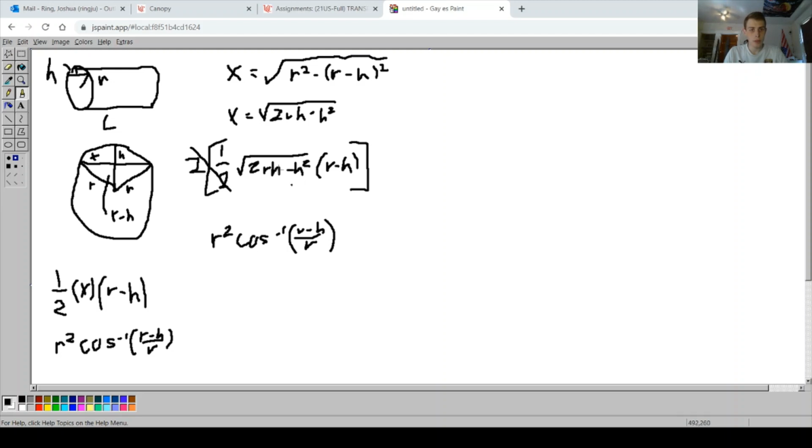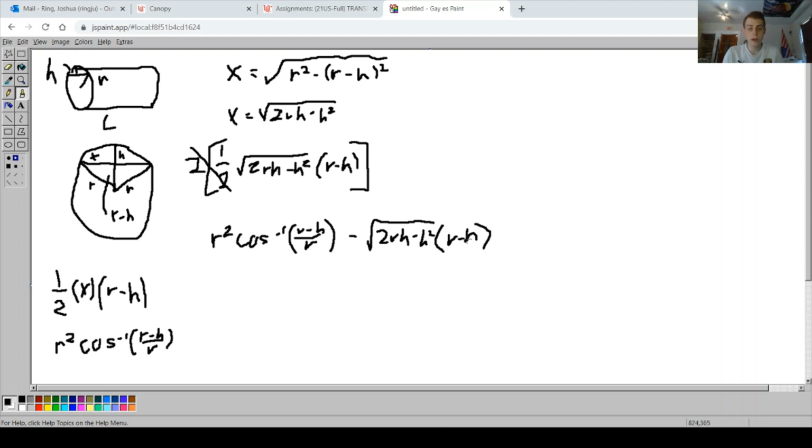And this is going to be subtracted from what we just solved for, giving us the little top part above the water. So we'll give 2rh minus h squared multiplied by r minus h.